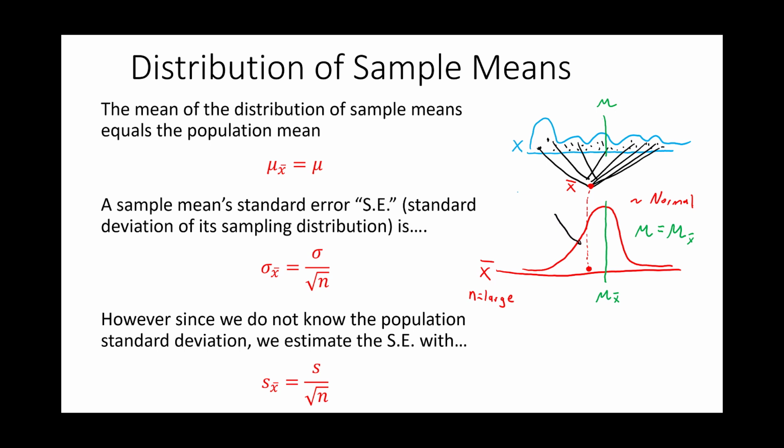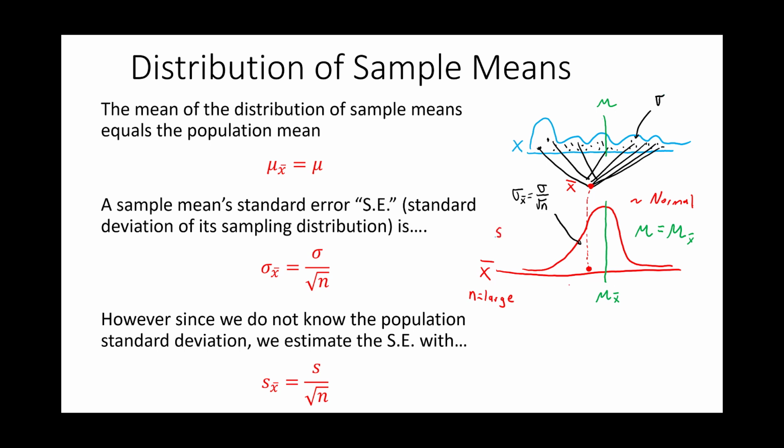Our standard deviation, our standard error, sigma x bar, is a function of our original distribution's standard deviation. Our original distribution had a standard deviation denoted as sigma, the population standard deviation. The standard deviation of our sampling distribution, which we call a standard error, uses our original standard deviation and how many observations we used to comprise our mean.